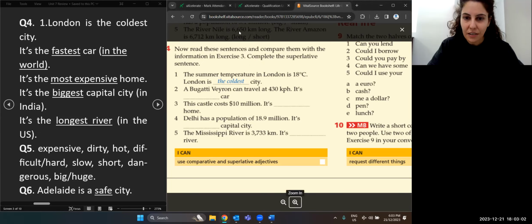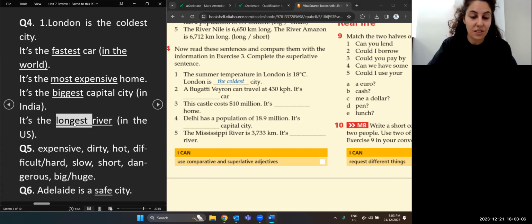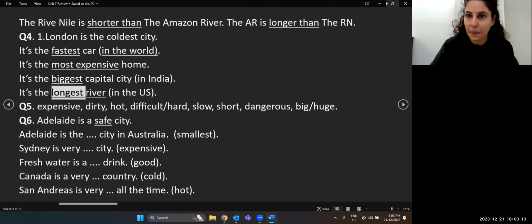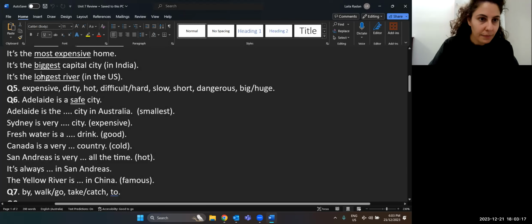So the River Nile, you're right, the River Amazon. Yes, it's the shortest river. Okay, thank you. So it's the shortest river. Because yes, we had to compare.